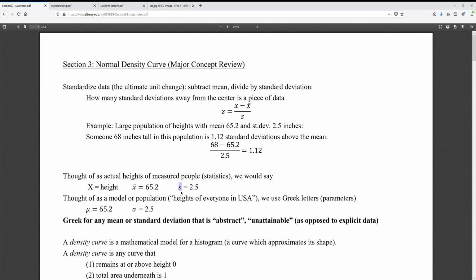Any mean or standard deviation that is not explicitly computed from numbers on the page will use the lowercase Greek m, mu, for mean, and lowercase Greek sigma for standard deviation. You may remember capital sigma was Greek s for sum. Lowercase sigma is Greek s for standard deviation.